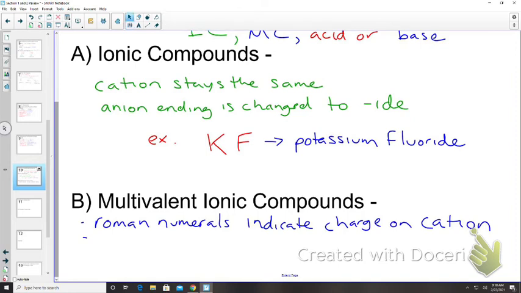I should have mentioned that up here too. Net charge of 0. Okay, and again, because it's ionic, we need a net charge of 0. Okay, so my example is going to be iron 2 chloride.